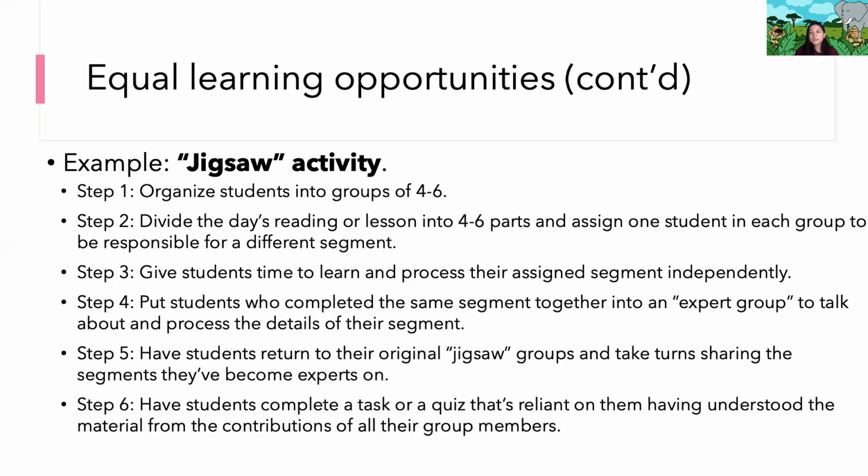Through this process, each group will organize the complete reading story based on individual student segments. Finally, if the teacher would like to implement an ongoing assessment, the teacher can give a task or a quiz for the whole group of students.